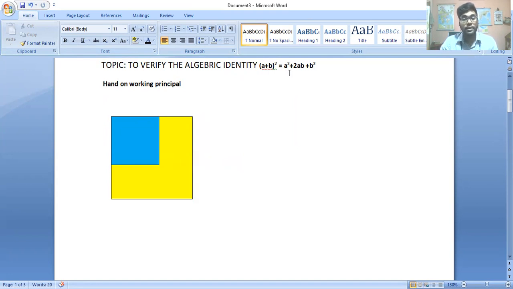Again, I'm saying the length will be 6 and the breadth will be 4, because we have taken one square of 6 centimeter, another one of 4 centimeter. So therefore, we need to make a rectangle in which the length is 6 centimeter and the breadth is 4 centimeter. So let us do that.